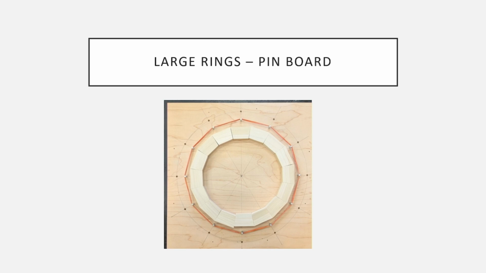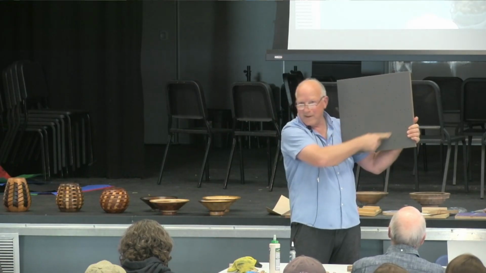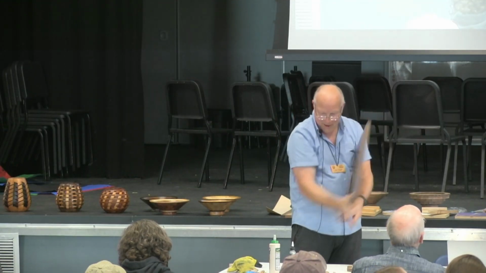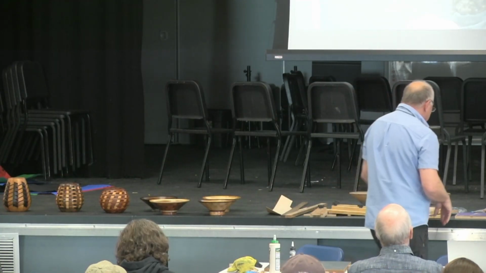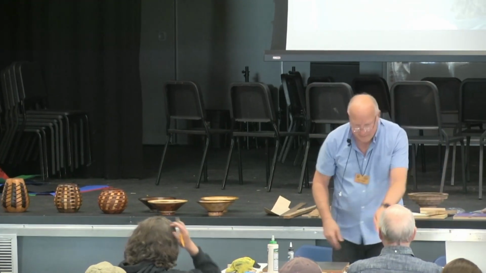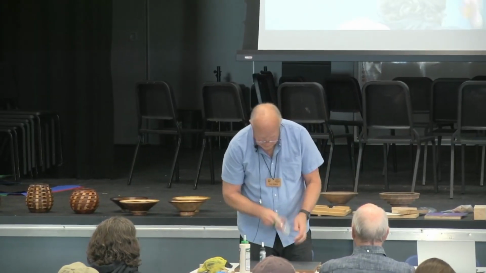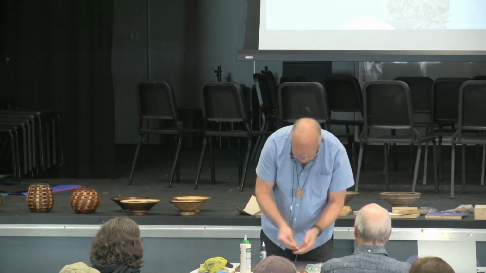Good. Okay, the other thing you can do on large rings is something called a pin board, which is real simple. I've just got rings of holes on here, and what I'm going to do is take my pins.